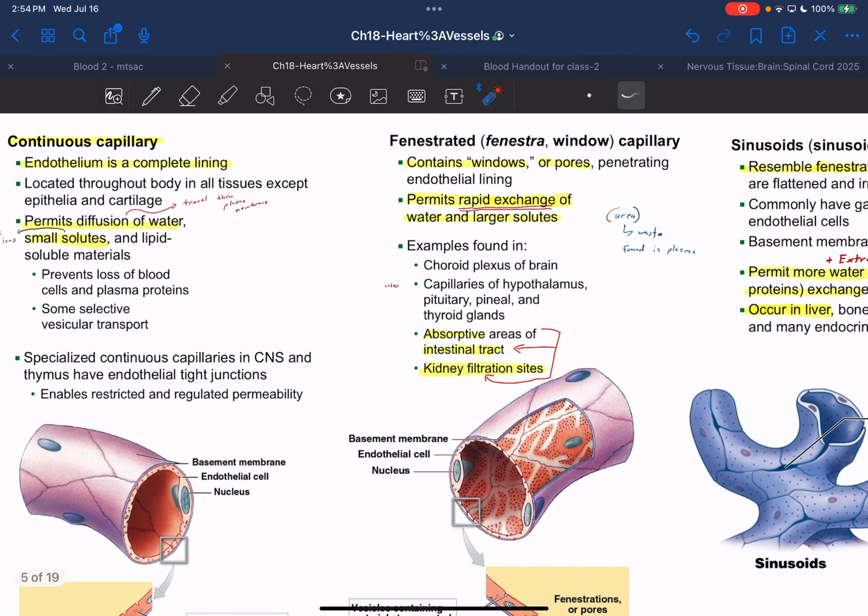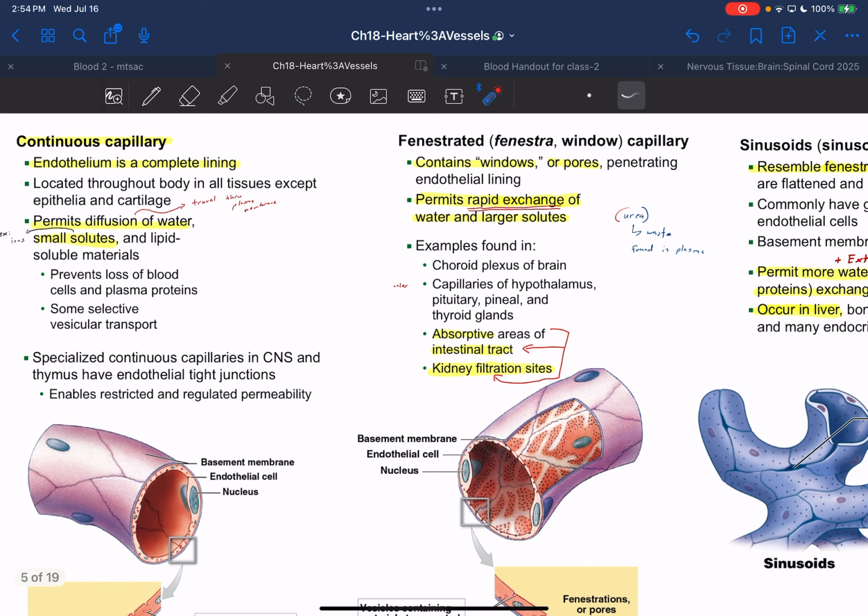The fenestrated ones are the ones that are found in the kidneys, and also found in areas where you need good absorption, like your intestines, to absorb the nutrients that you need in your plasma. So capillaries in your intestines, they are built for good absorption. So all those useful nutrients are going into your bloodstream.